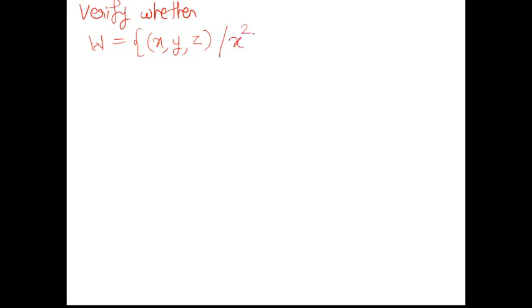Suppose now I am having the set W. The set can be represented by any alphabet, maybe W, S, U, V as per your choice. Here I am taking: verify whether W is equal to the set of triplets x, y, z such that, what is the condition? x square plus y square plus z square less than or equal to 1.